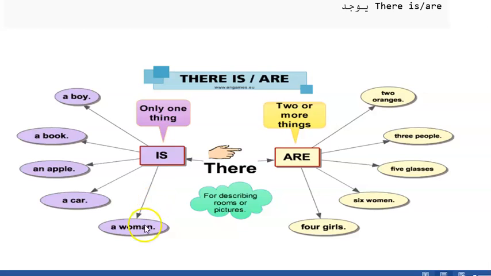And there is a woman in front of the school. Now, something you might notice from all those examples, I don't know if you noticed, was the prepositions of place. A good thing to remember when you're using a preposition of place, it's very likely we will be using there is or there are.